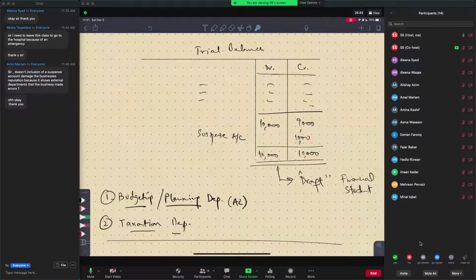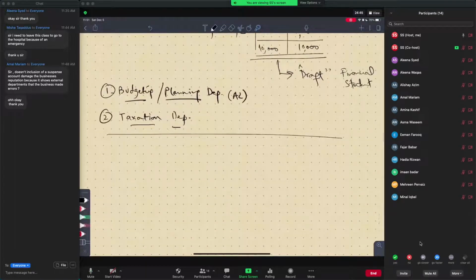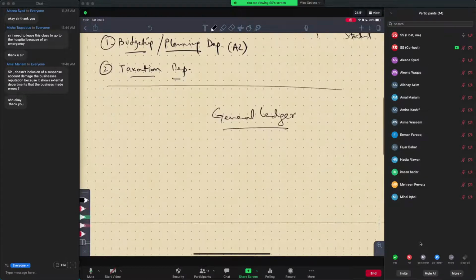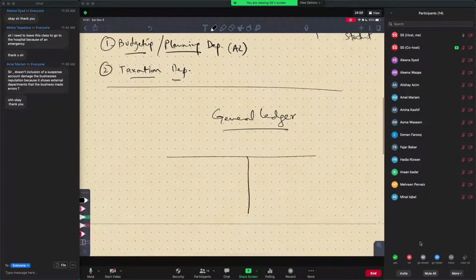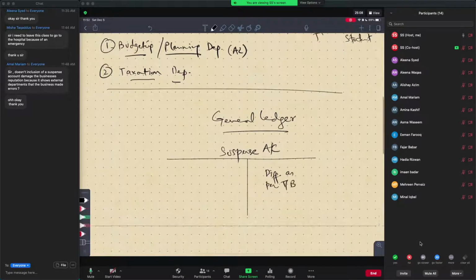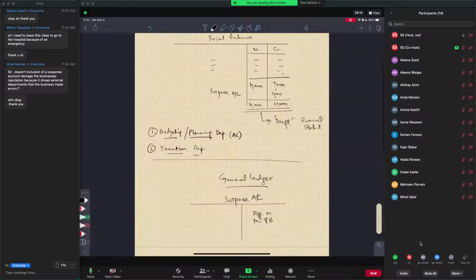And as soon as that happens, in the general ledger, we create a suspense account, and that suspense account will have the difference as per trial balance in whatever side you find it on the trial balance.